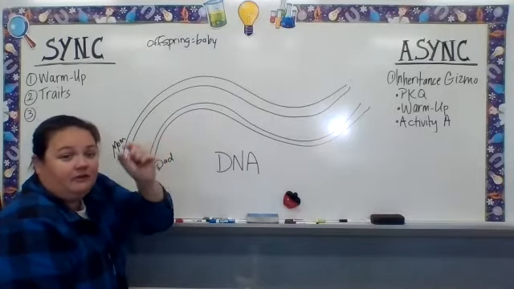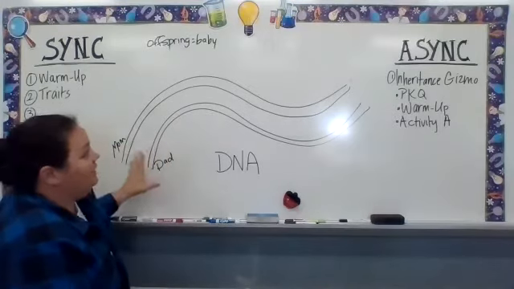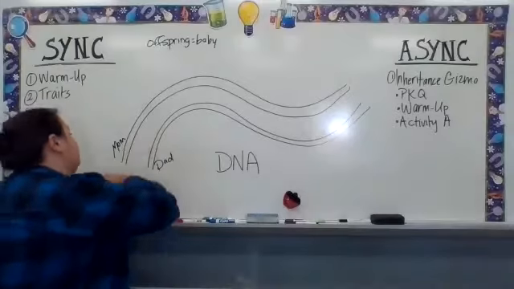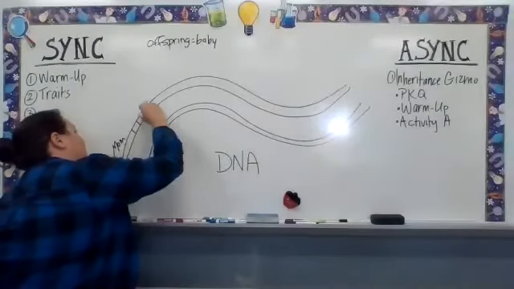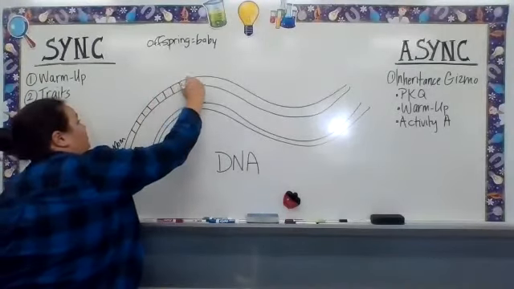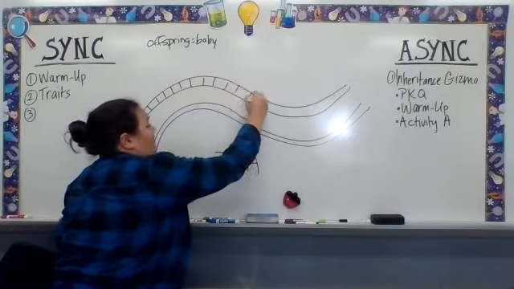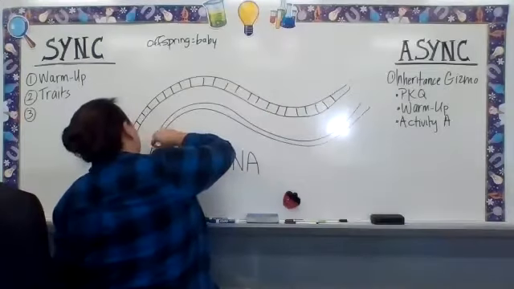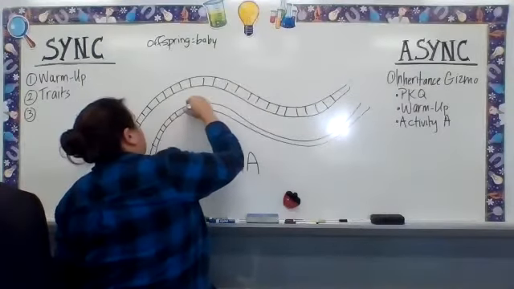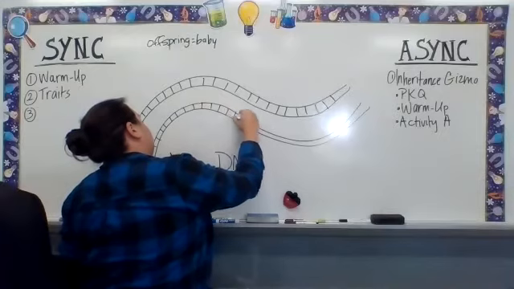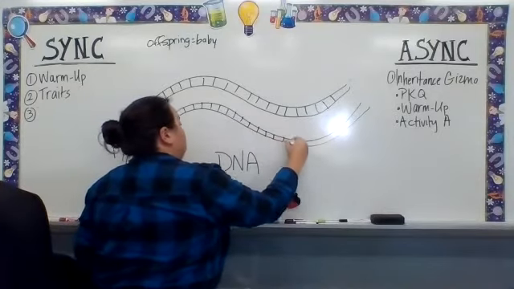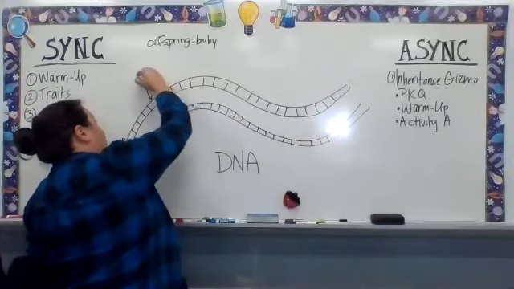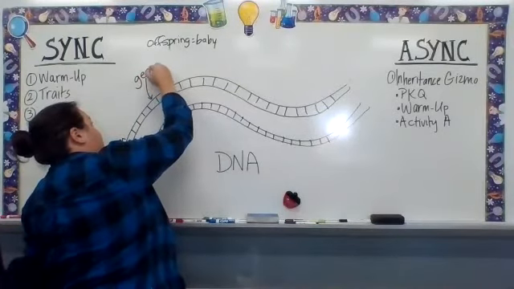And it can be even smaller segments. So it's not like this whole thing tells you exactly. In our DNA, we have small segments, and this is a very simplified picture of this, that make up our DNA. These little pieces are called genes.